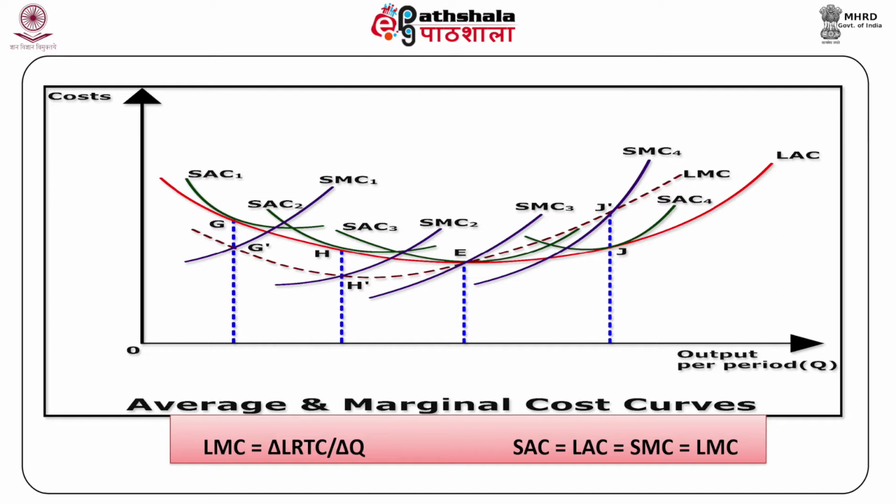This is the optimum point of production for any firm where long run average cost of production is minimized. The minimum of the LAC curve is the most efficient point of production in the long run with minimum unit cost. At this point, SAC is equal to LAC is equal to SMC is equal to LMC.